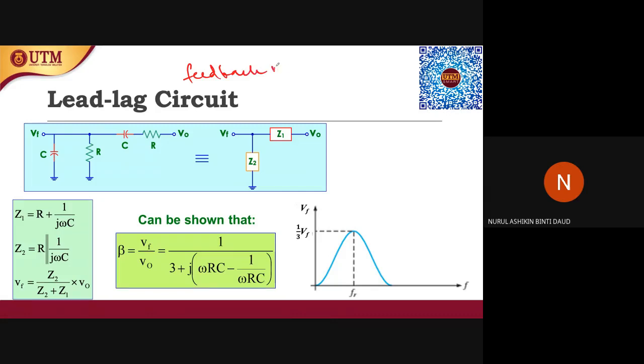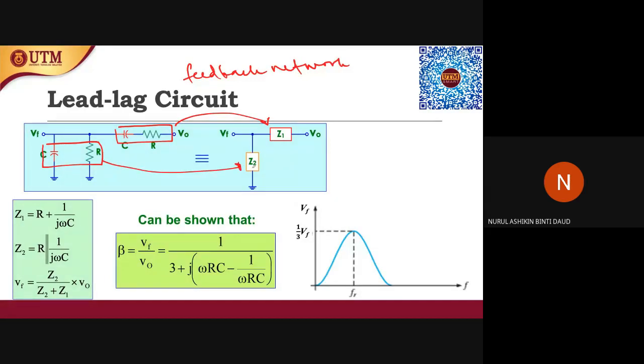Even though the connection is different, at this part the connection is parallel and at this part it is series, the values of the capacitor and the resistor are usually the same. So to simplify this, we can rewrite the series part as Z1 and the parallel part as Z2.